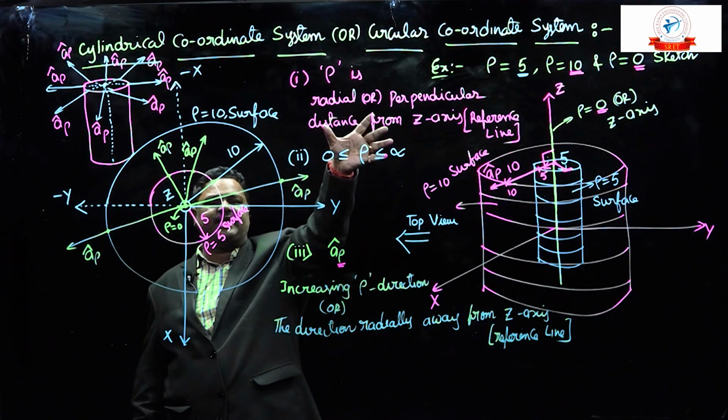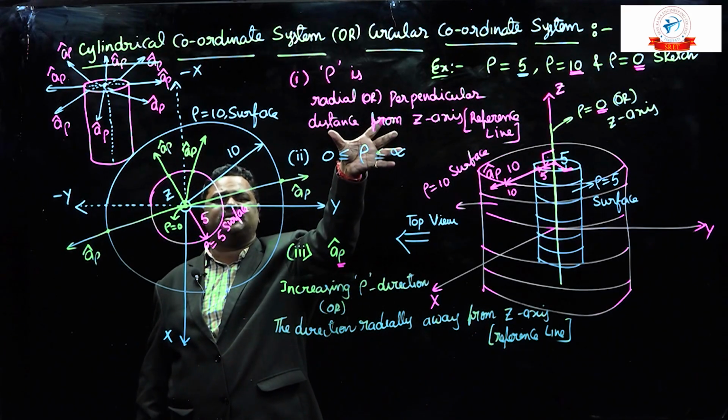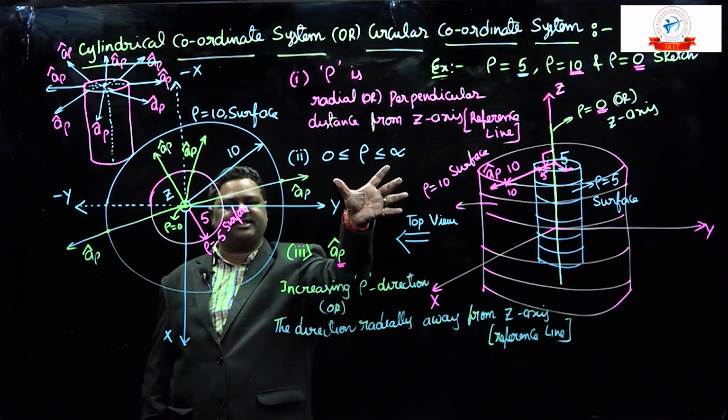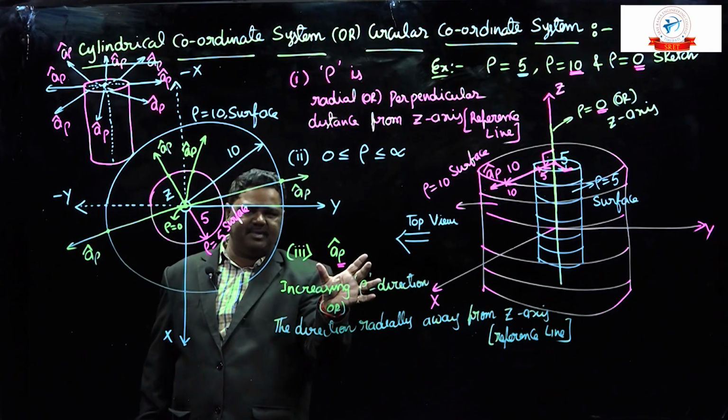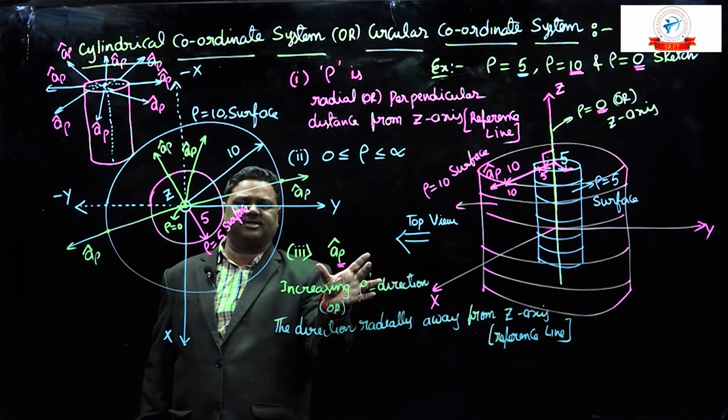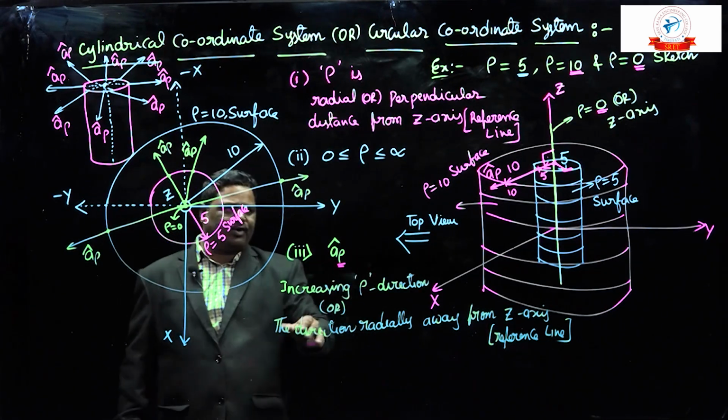Simply, rho is the perpendicular distance from the z axis or reference line, and it ranges from 0 to infinity, taking all positive values. And arrow cap is the direction radially or perpendicularly away from the reference line, which may be the z axis. So this is about the rho coordinate.